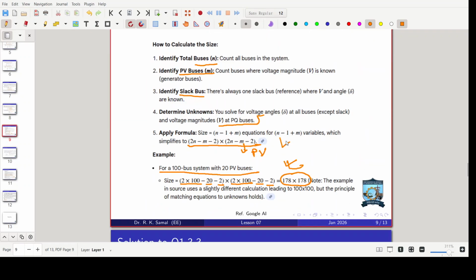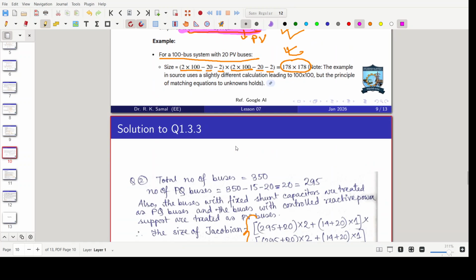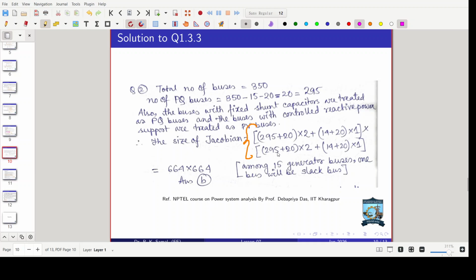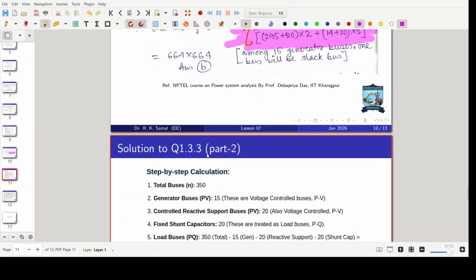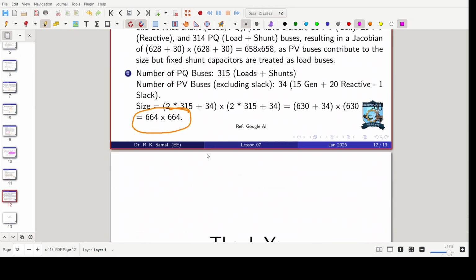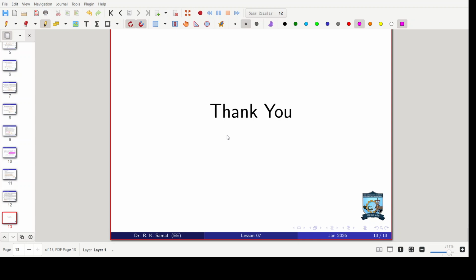Take it as homework to understand the relationship between this formula, which is very useful, and how this problem has been solved, the context of this problem and the context of the formula. If you understand it, you have understood the problem of determining the size of the Newton Raphson Jacobian. So that's all about the Newton Raphson method.